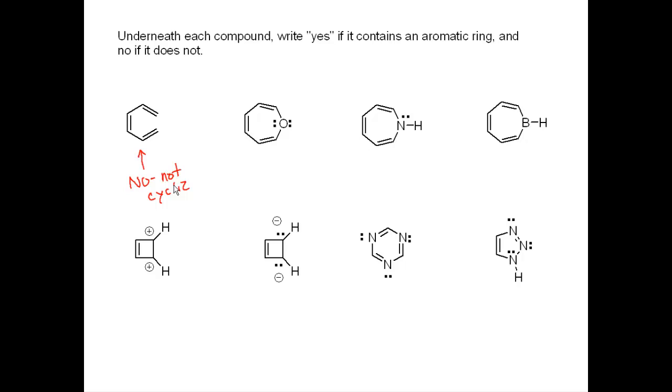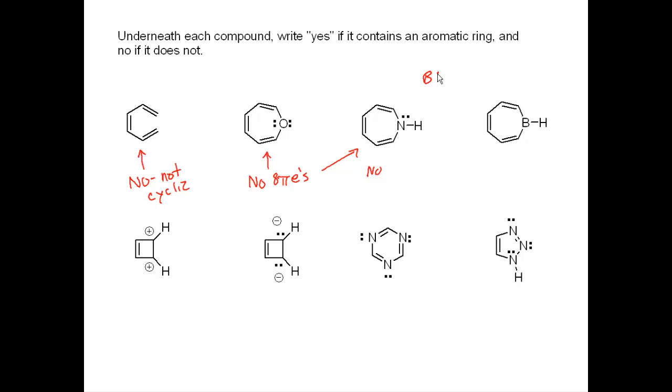Okay, what about this one? Well, this one is also no. This is 8 pi electrons. This is completely isoelectronic with this compound. It's no, for exactly the same reason. Boron is kind of interesting.